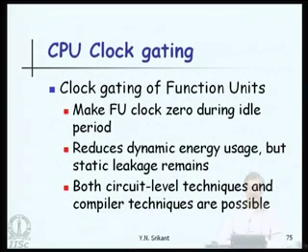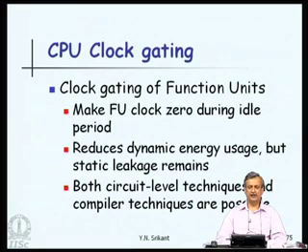Then I mentioned CPU clock gating. Gating implies stopping. So, the clock to the function units is stopped, which implies that the function unit cannot run at all. These are all synchronous systems, so they require a clock in order to run. So, make the function unit clock 0 during the idle period.